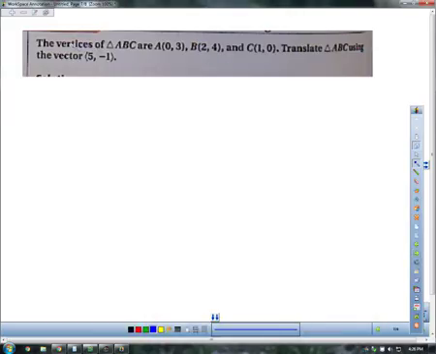So, if the vertices of ABC are (0, 3), (2, 4), and (1, 0), translate ABC using the vector <5, -1>. All we're doing is adding 5 and subtracting 1 to each point. So A would now be at (5, 2).